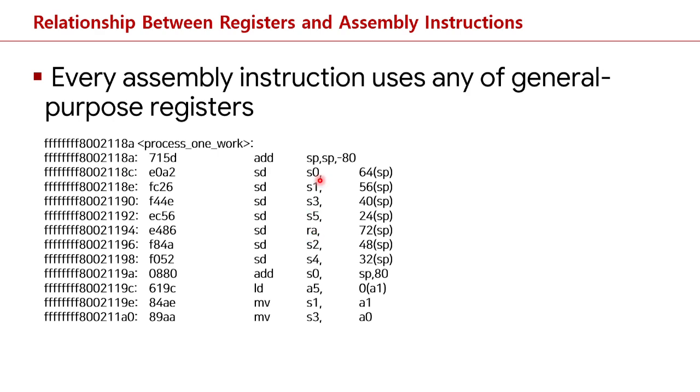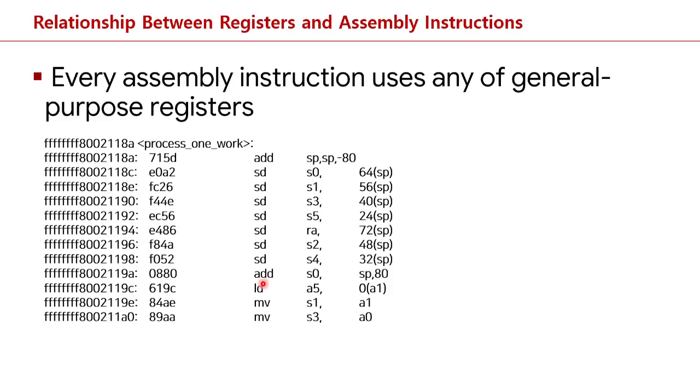As you can see, S0, S1, S3, S5 are general purpose registers in the RISC-V architecture. After we run this instruction, the value of these registers will be stored into the stack area in this process.